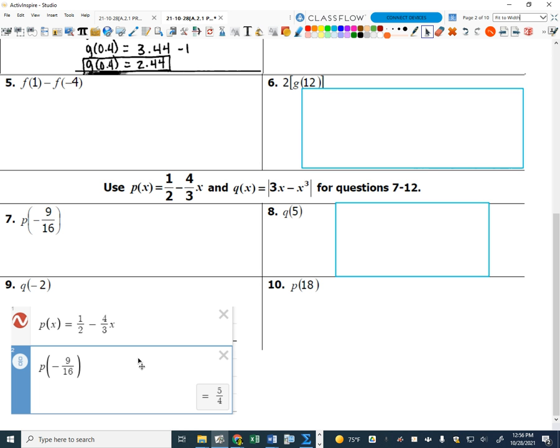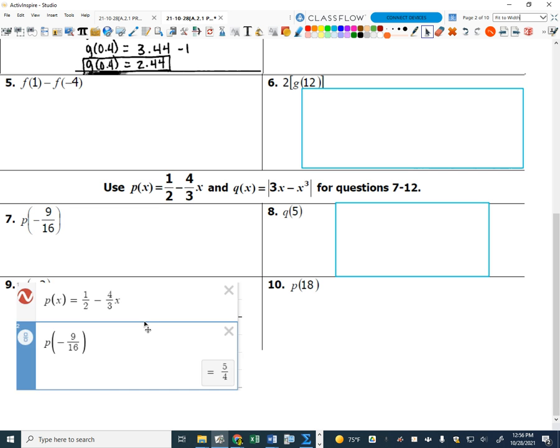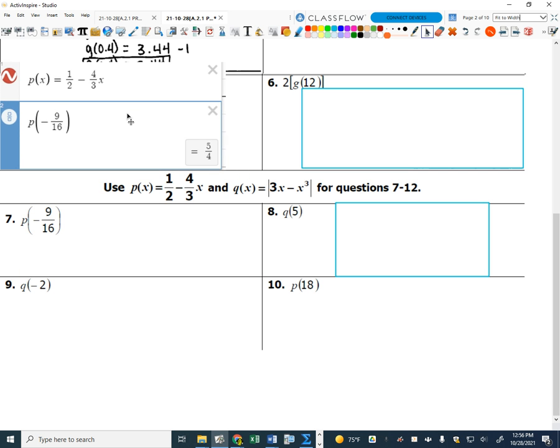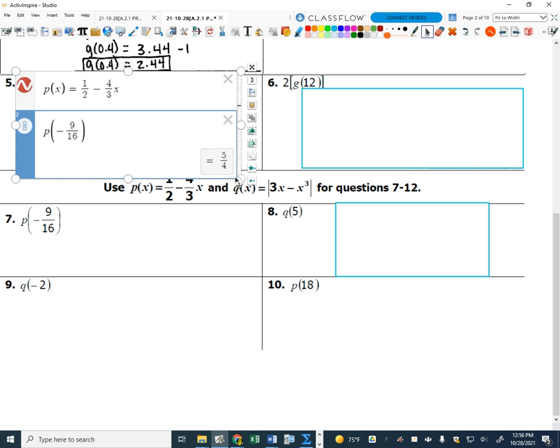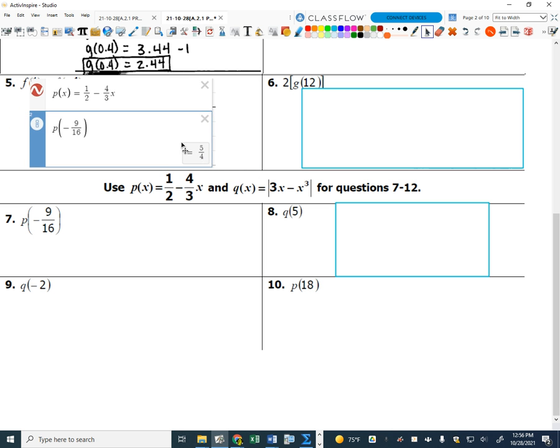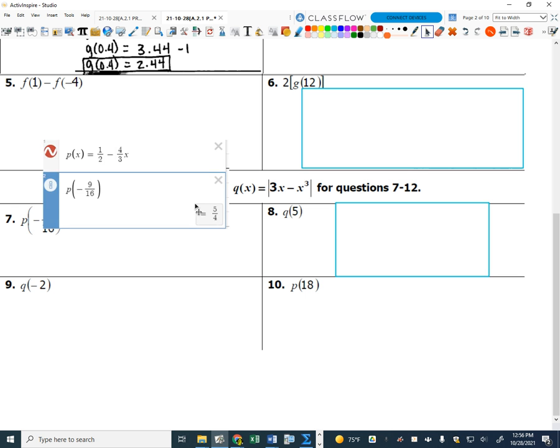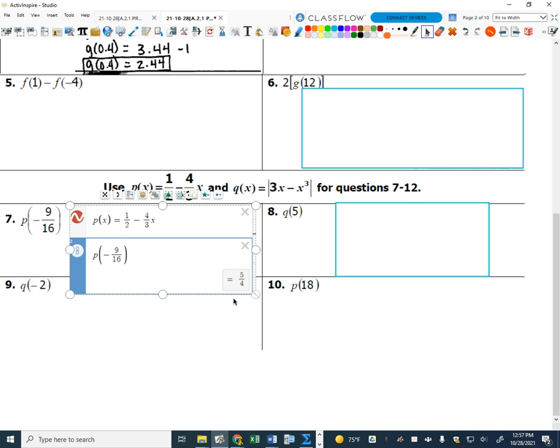Good? I'll put it up here. Okay, there's number 7. Right, all I have to do is define the function in Desmos and then evaluate it.